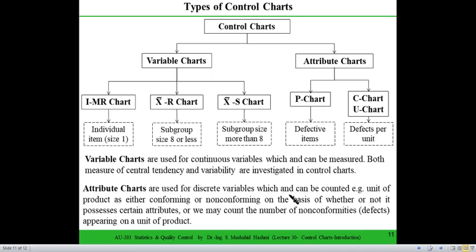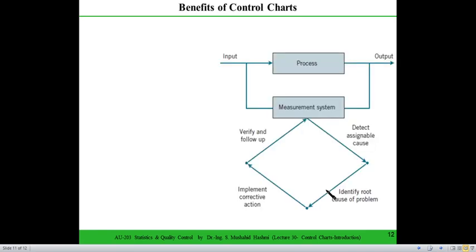So once you are dealing with such a process, we are going to use attribute charts. Once we go into the detail, we will learn what other criteria there are for making a choice between variable charts and attribute charts.